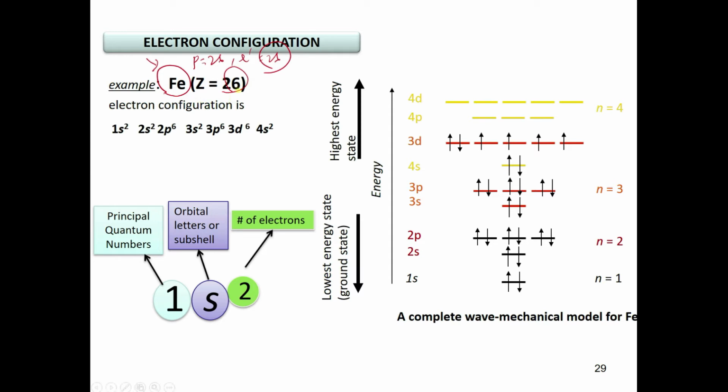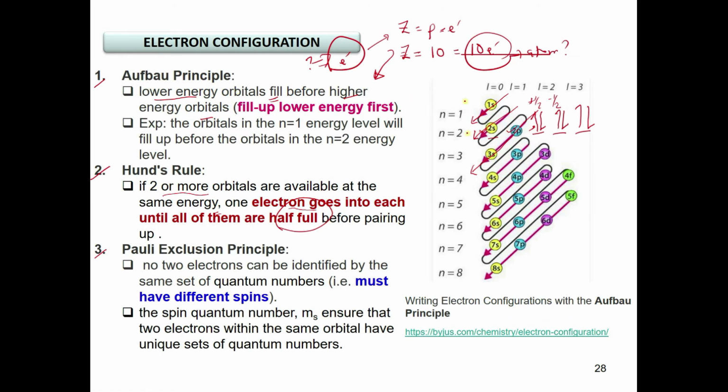In order to do that, we have to follow this method of arrangement. You write 1s, 2s, 3s, 4s up to 8s, following the 2p, 3p, 4p, and from that you draw the arrows. Following the arrows, you will know which energy level you have to fill up first before the other.